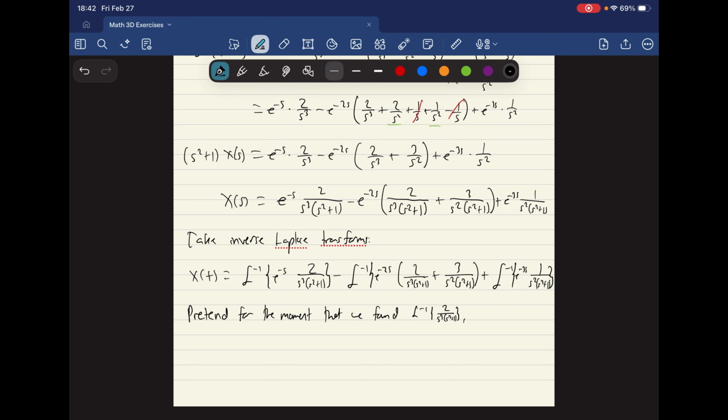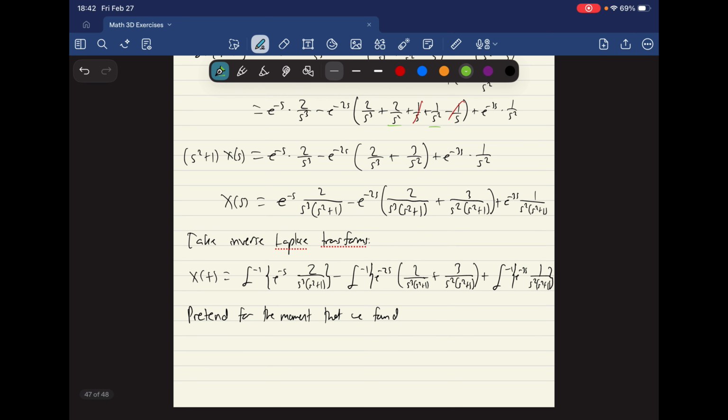Let me denote this by h of s. Let's name this h of s. This also is h of s. Let's call this over here g of s, so that this is 3g of s.